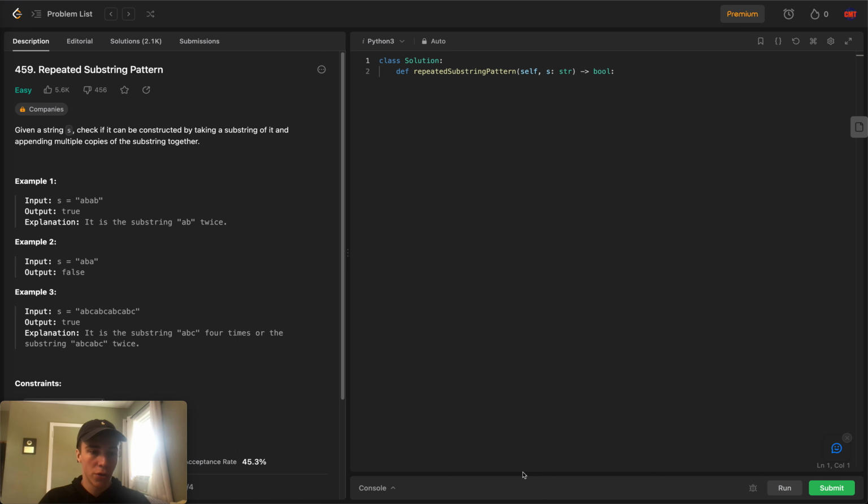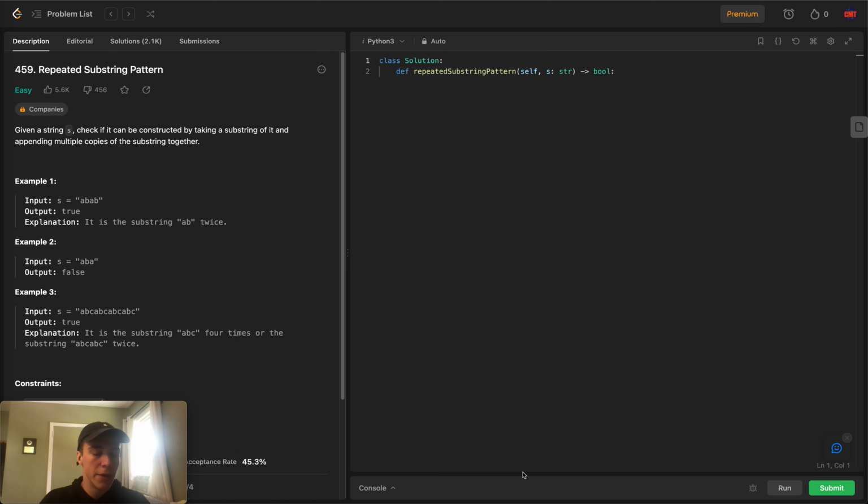Okay, given a string S, check if it can be constructed by taking substrings of it and appending multiple copies of the substring together. So in my own words, I'm given a string S, and I have to see if that string S can be created or constructed using at least two substrings.